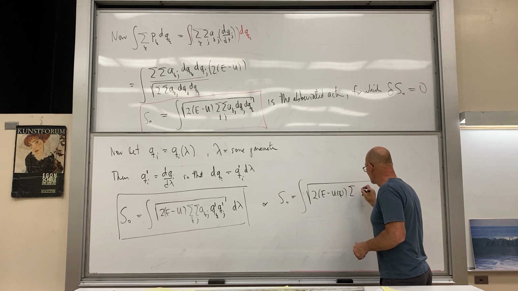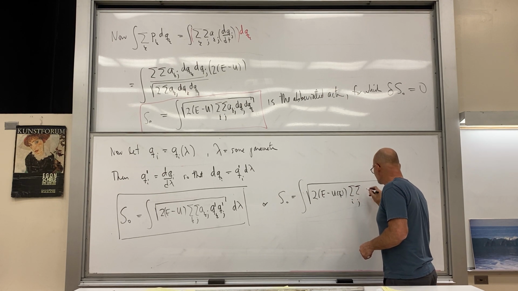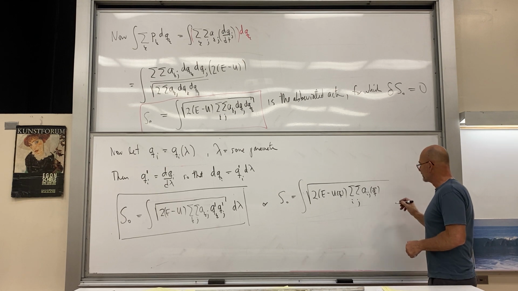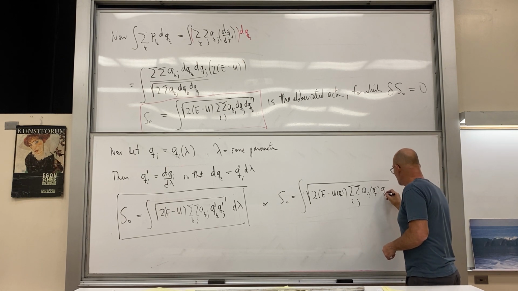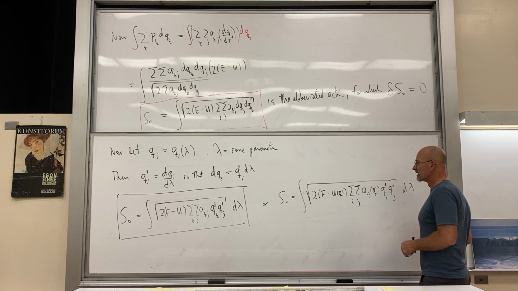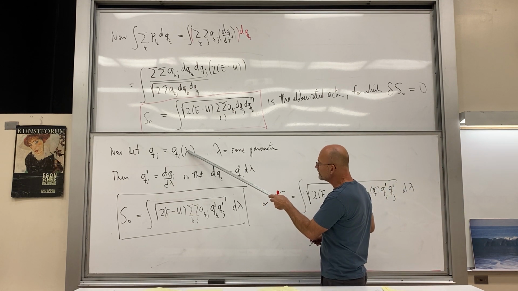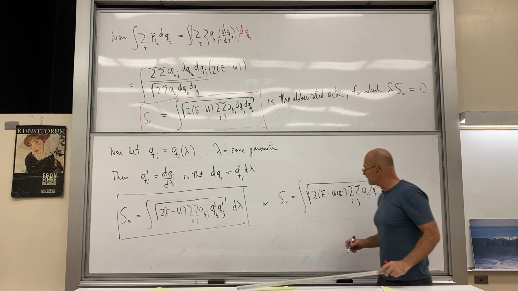Times this double sum, I and j, a_ij of q vector. And then we've got times q_i prime, q_j prime, d lambda. And the same thing holds, right? The q's are functions of lambda, the q primes are their derivatives.